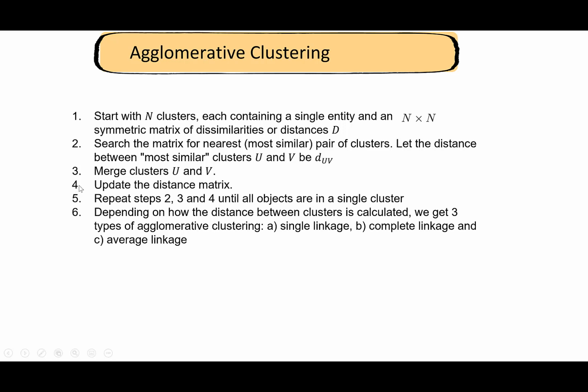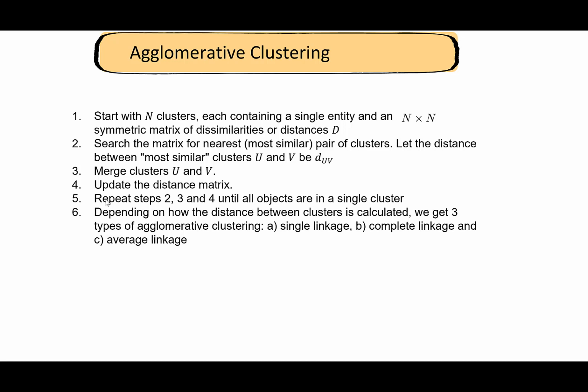Then, in step 4, we update the distance matrix, which is the distance matrix between the clusters. And then we keep repeating steps 2, 3, and 4. That is, we find the next closest clusters, combine them, and update the distance matrix. We keep combining till all of the elements are pushed into a single cluster.